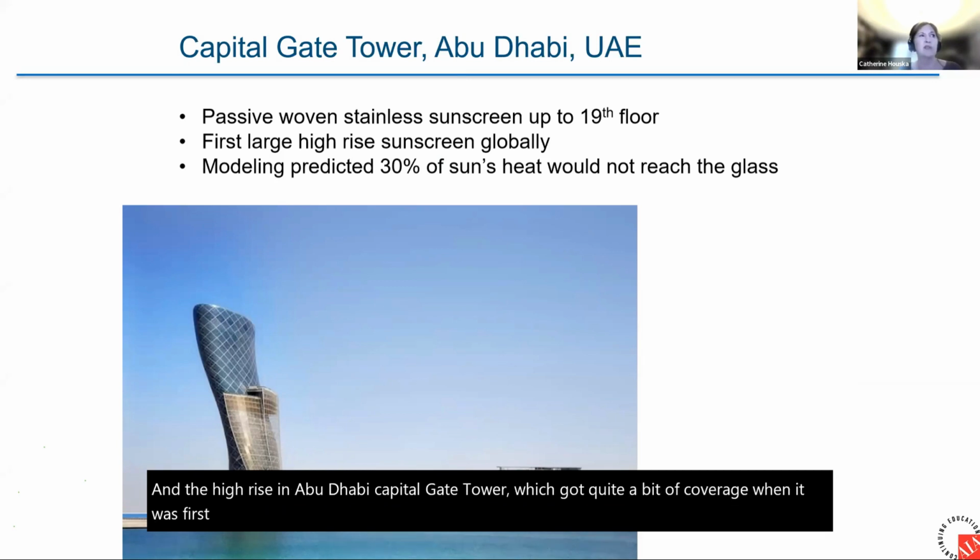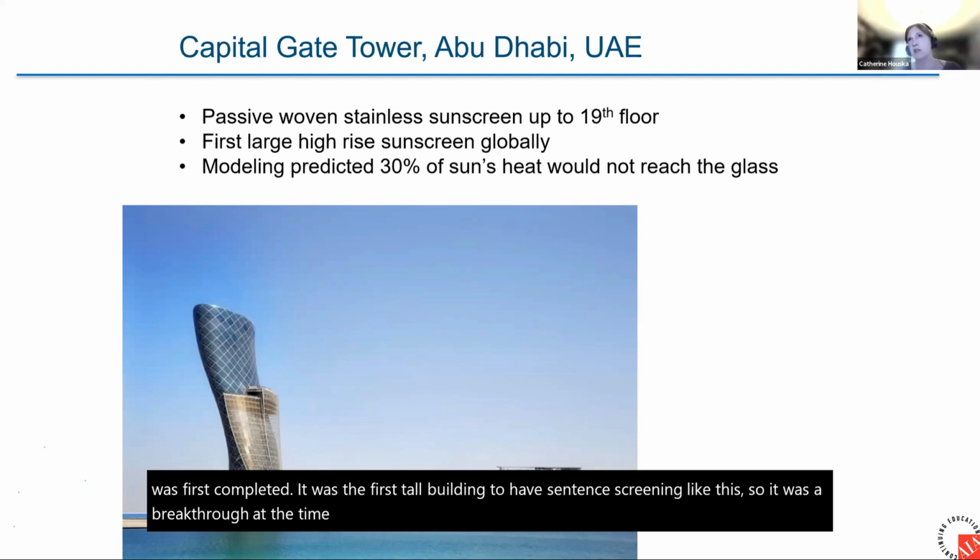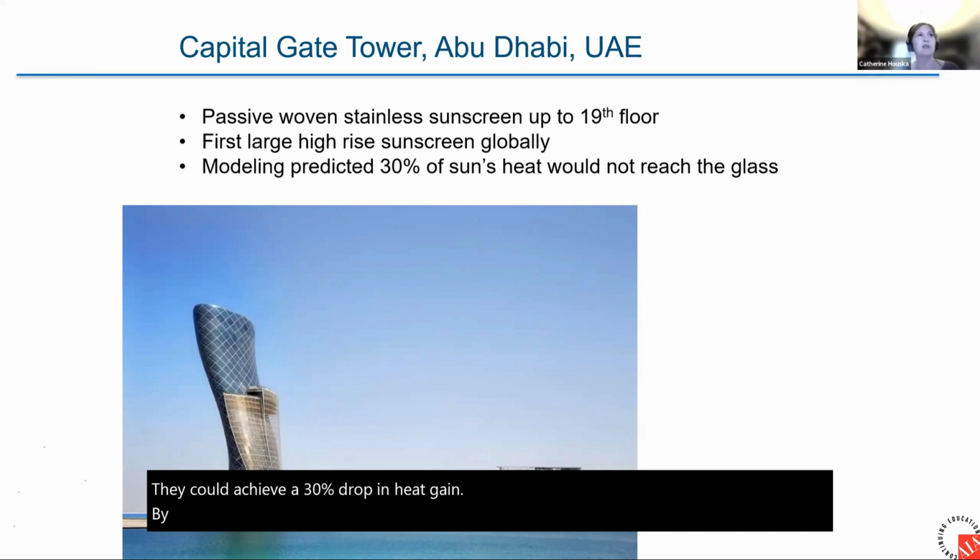It was the first tall building to have sun screening like this. So it was a breakthrough at the time. And the modeling, again using ComFen, predicted that they could achieve a 30% drop in heat gain by using those sunshades.